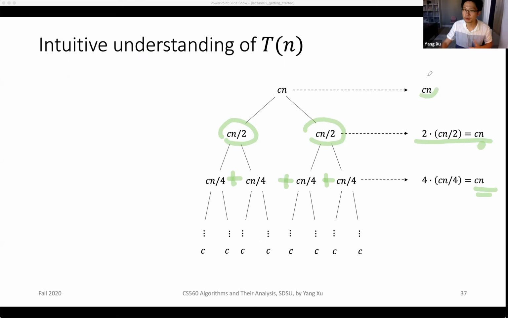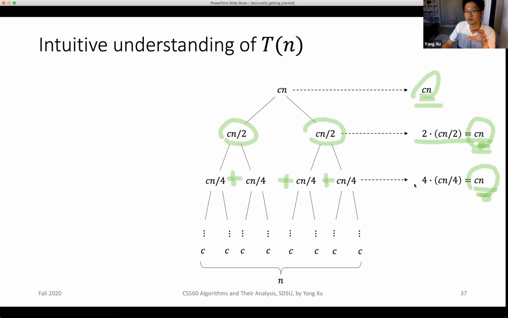We can't help wondering whether it is true that each level has the same summation Cn. We can prove it later that indeed the summation for each layer is Cn, but we will not do that here. We just take this as a fact: all the upper levels, all the non-leaf node levels, sum up to C times n.